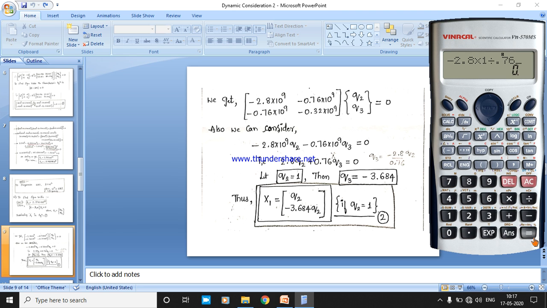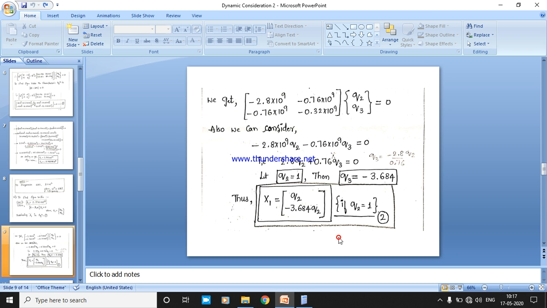How much did I get for the q3 value? Minus 3.684. Now I got the q2 and q3 values. Thus x1, the eigenvector, is equal to q2, q3, that is q2 and minus 3.684 q2, and when q2 is equal to 1, I got this value.